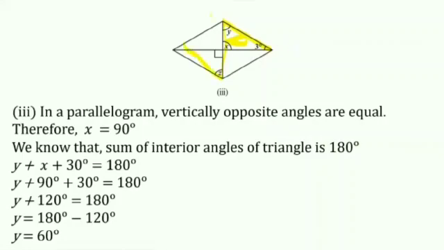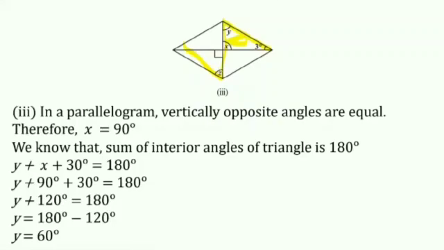You can see it is forming a Z shape. So it is forming alternate interior angles, which you have studied in 7th standard. This y and this z are forming a pair of alternate interior angles. So the value of y we have calculated is 60 degrees. So obviously this value of z is also the same. So z is also 60 degrees.